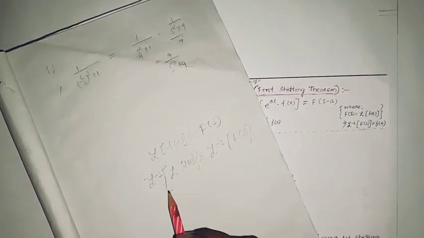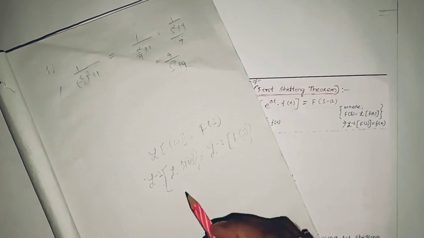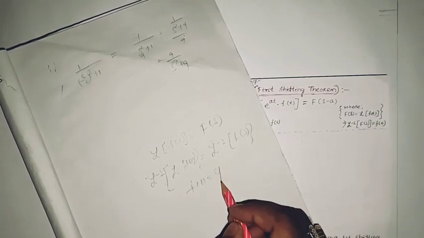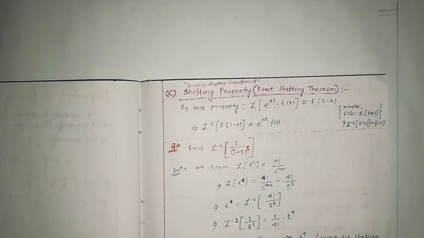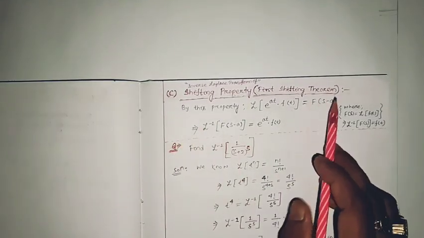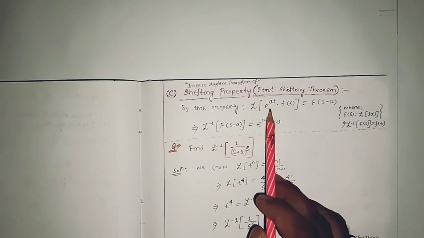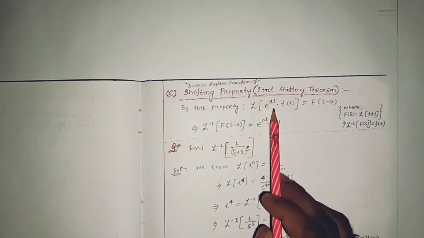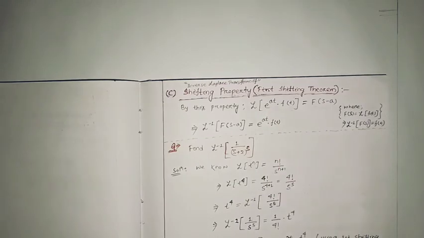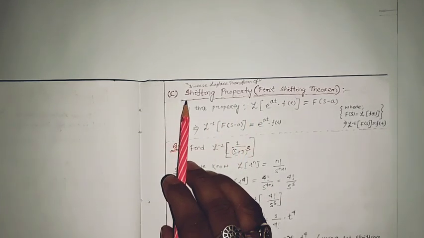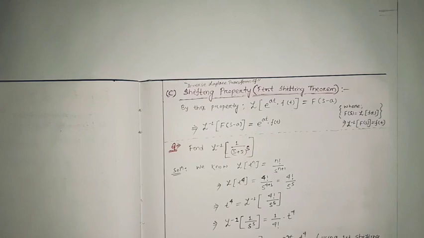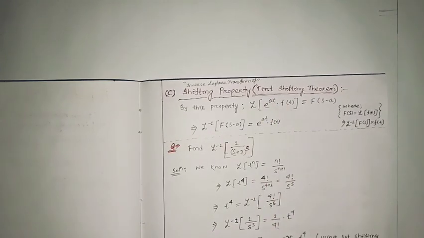So this will be cancelled out, means it will be 1. So f of t will be equal to the inverse Laplace transform of capital F of s. Okay. So the inverse Laplace transform of this one will be equal to this function. Here the function is nothing but e to the power at into f of t, as we know, according to your shifting property or first shifting theorem.